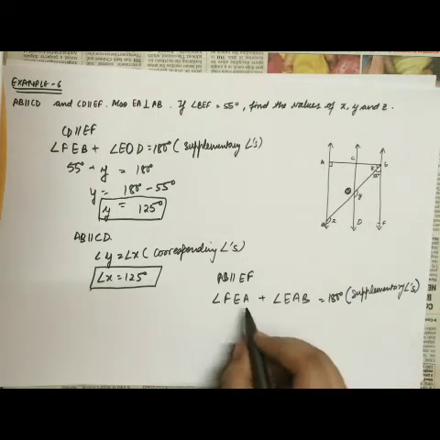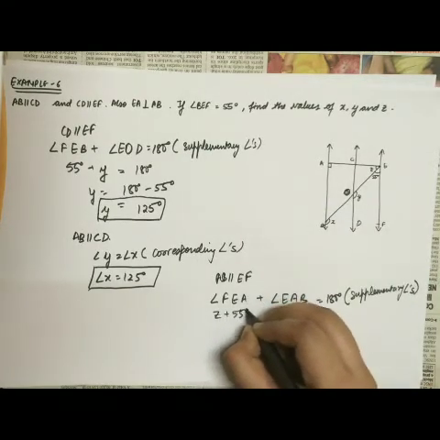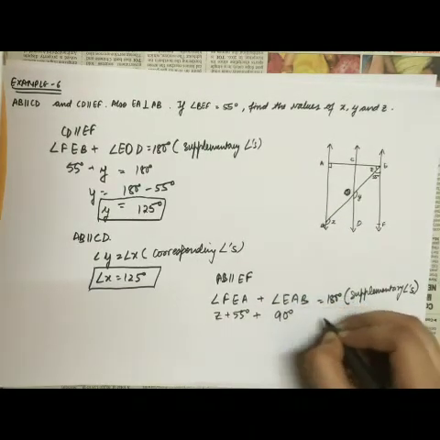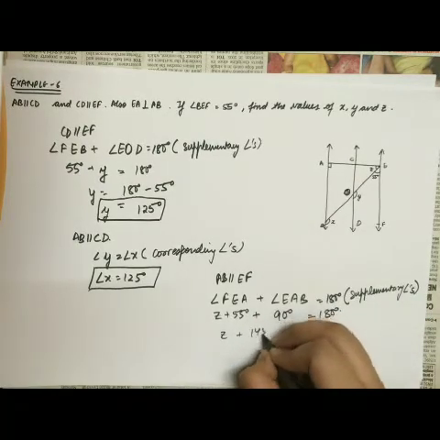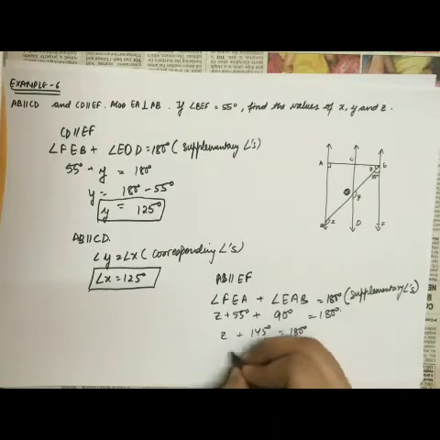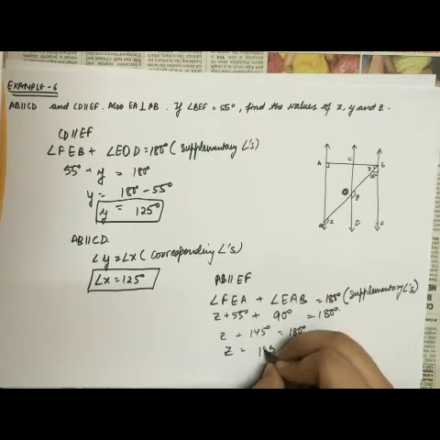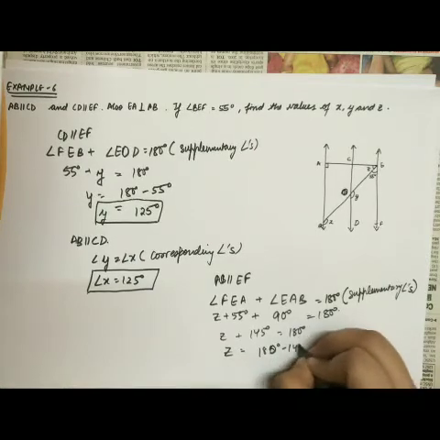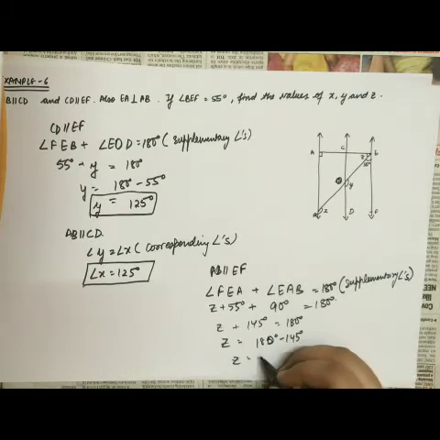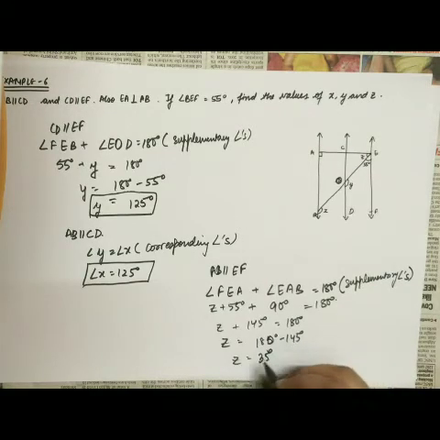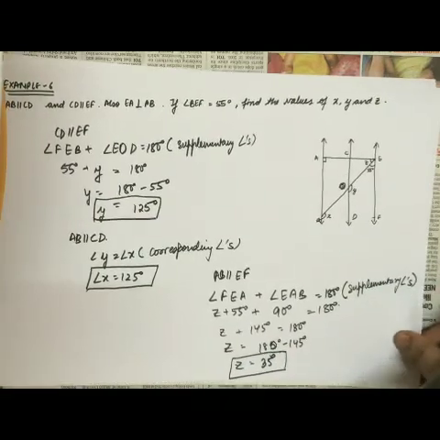Therefore, FEA is nothing but Z plus 55 degree, plus EAB is 90 degree, is equal to 180 degree. Z plus 145 degree is equal to 180 degree. Z will be equal to 180 degree minus 145 degree, which is 35 degree. Hence we have proved this.